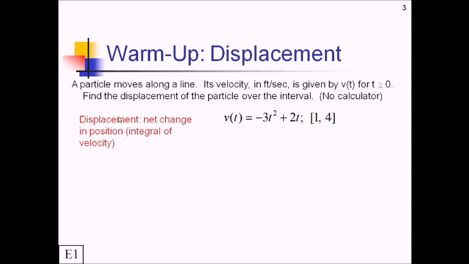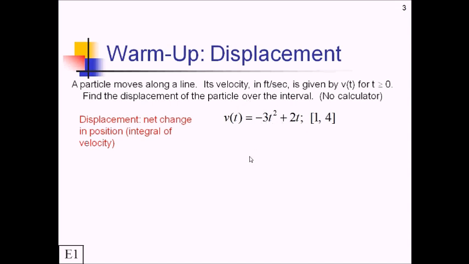So we can say that displacement is the net change in position, which, since velocity is telling you how your position is changing with respect to time, we need the integral of velocity to get the total change in position, to add up all those little distance changes.